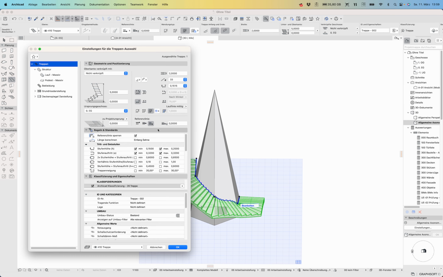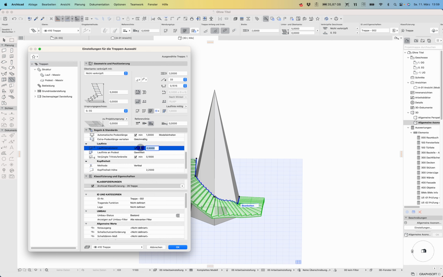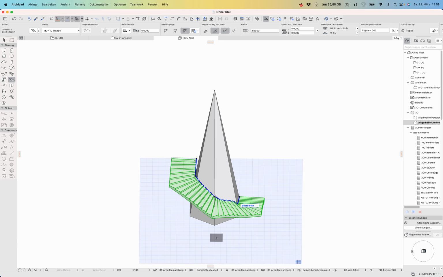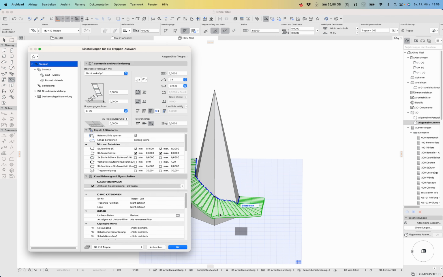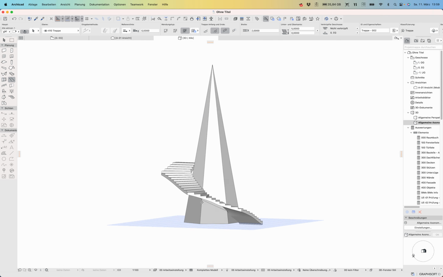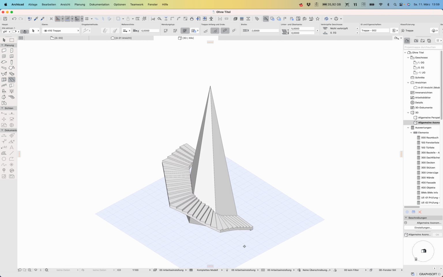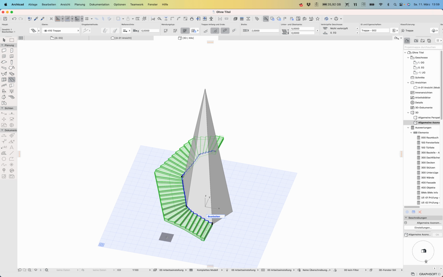Okay. So if I give this to 0, it doesn't take it. It should change a little bit because no, it doesn't do this.